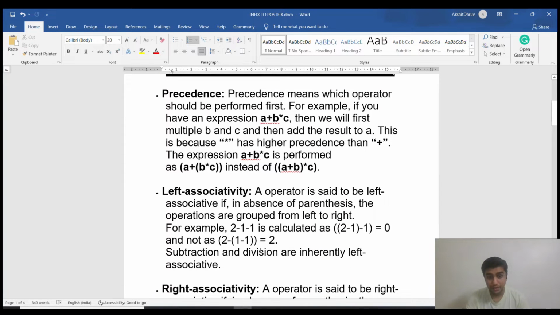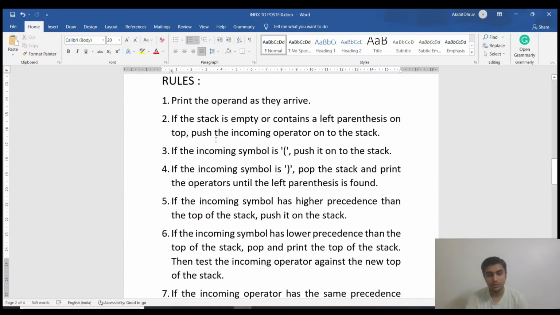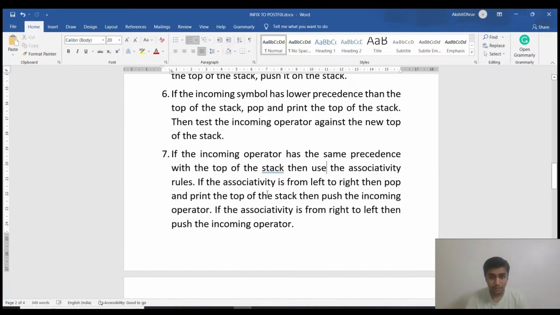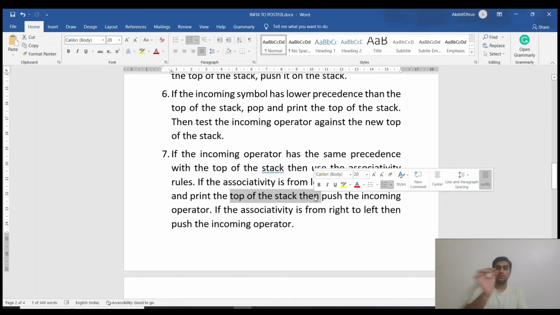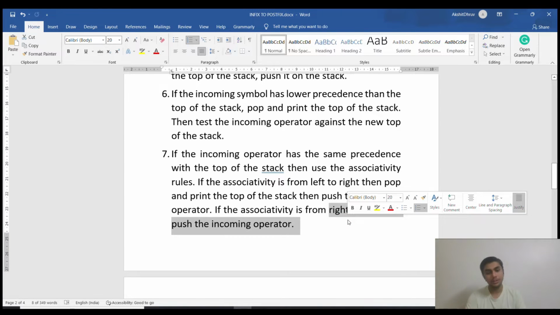Subtraction and division are inherently left associative. Subtraction comes, then we have left to right associativity. Then we will pop this and print the top of the stack, and after that push the minus inside. If the associativity is from right to left, then push the incoming operator.